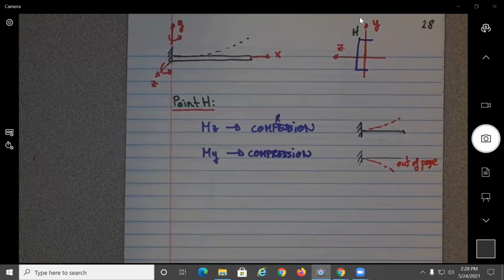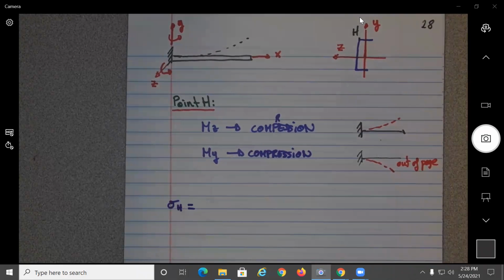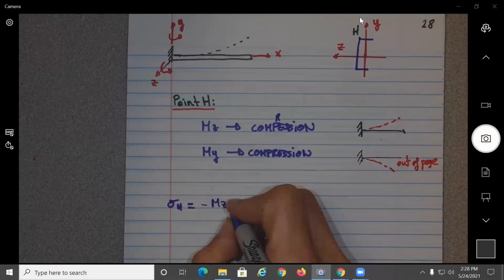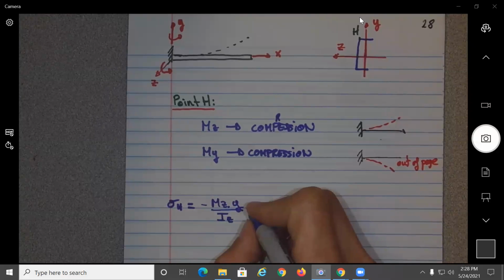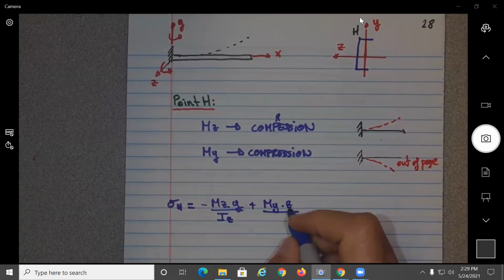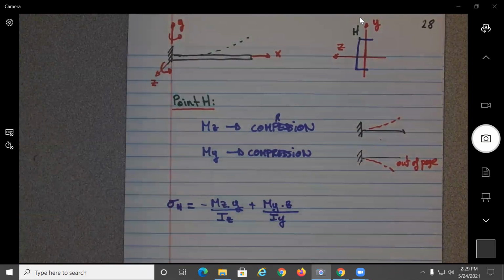All right, so we can do the calculation for point H. Let's say the stress at H. Let me rewrite the general equation again: minus Mz times y divided by Iz, plus My times z divided by Iy. I think I also forgot to give you something here. I ran out of space, sorry, guys.